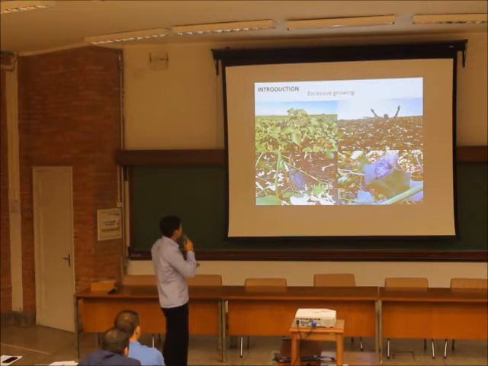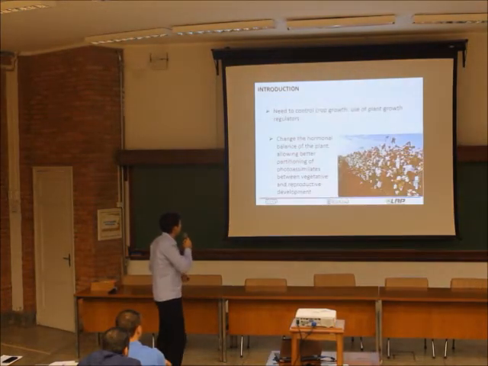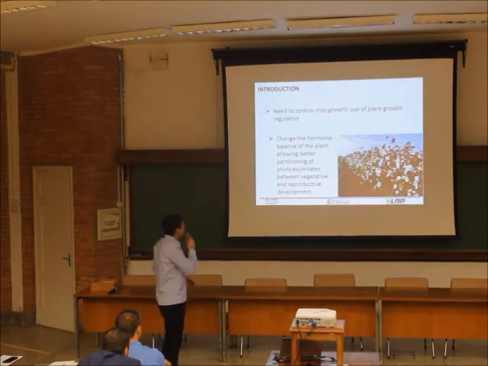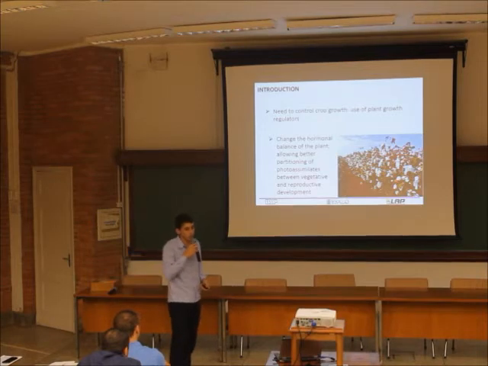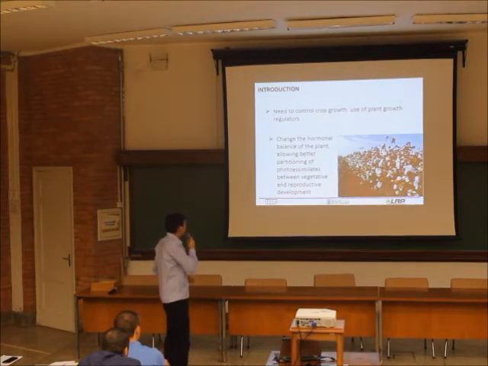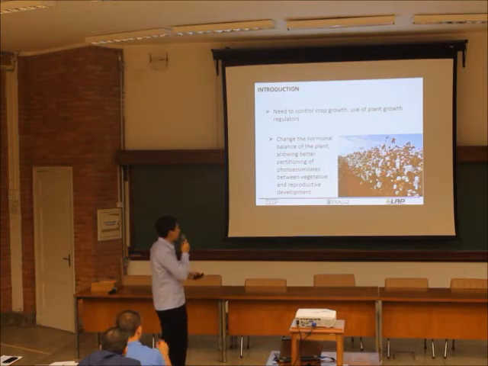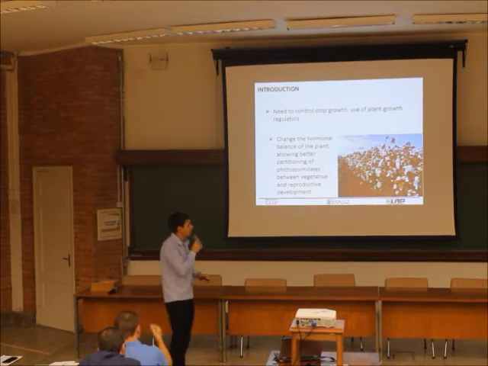In these situations we also have problems with diseases. So there is a need to control the crop growth, and to do that we use plant growth regulators. They change the hormonal balance of the plant, allowing better partitioning of photosynthates between vegetative and reproductive development.